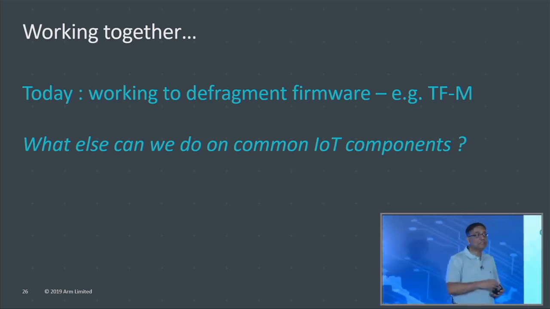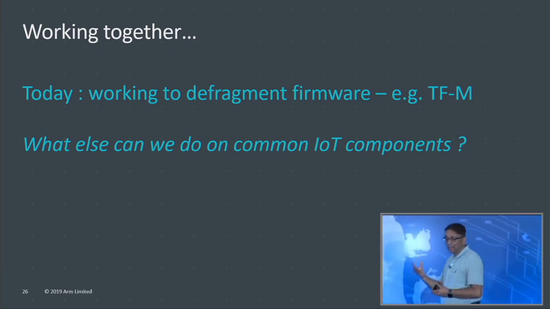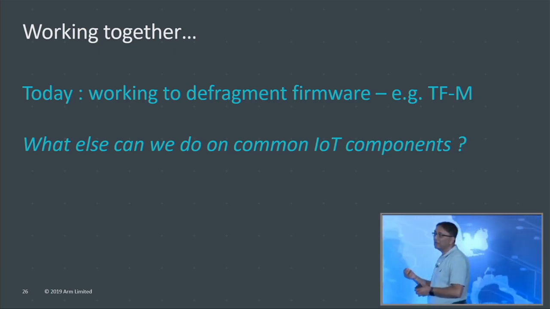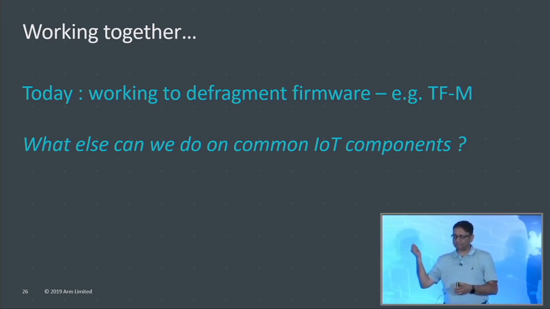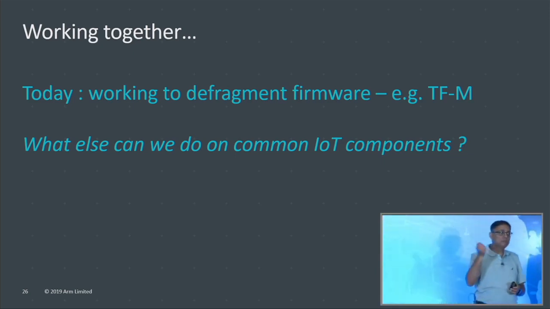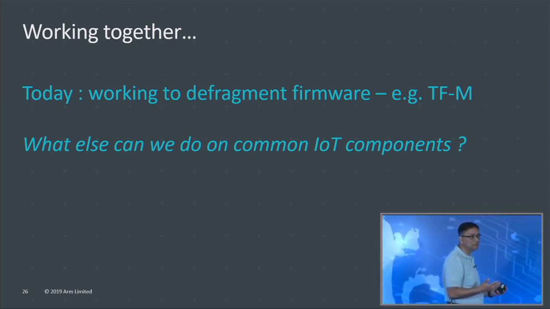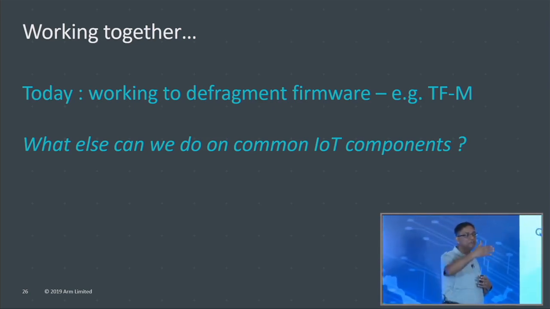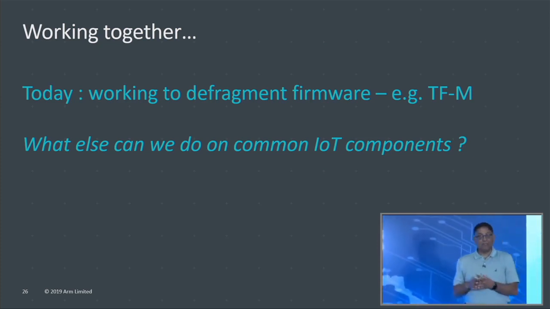I'd be quite interested in understanding what you see and what you're thinking. But also the question that I'm asking is, what else can we do? We're starting to do some of the embedded software work with Mbed OS in the open community. What else can we do? How can we take this further? How can we work together to scale this faster? So that's all I have.